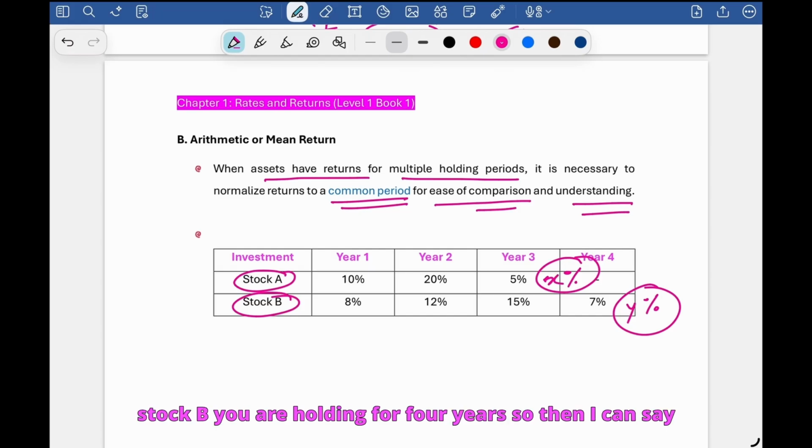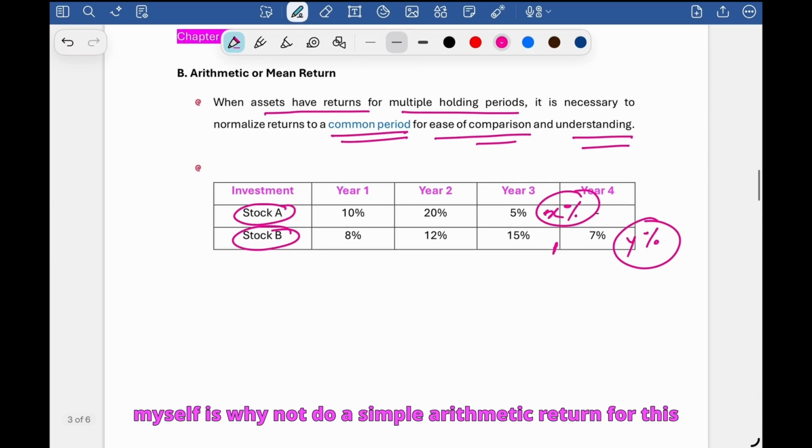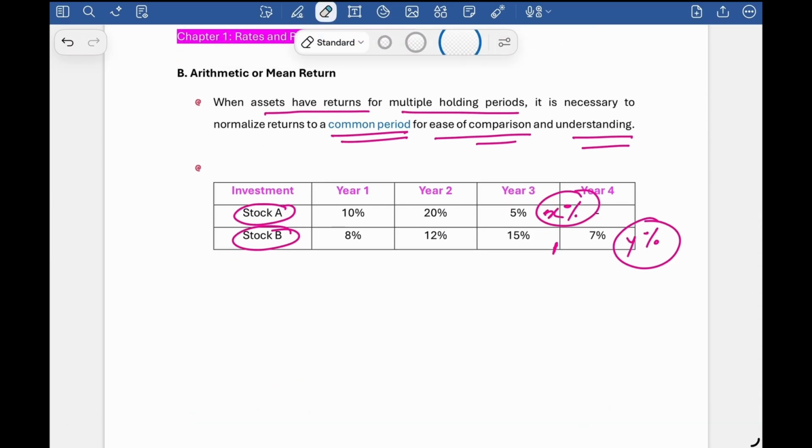So, then I can say why not calculate this till here, till 3 years, right? You can do that as well, but as an investor, what I would ask myself is, why not do a simple arithmetic return for stock A and stock B so that we can compare them easily.